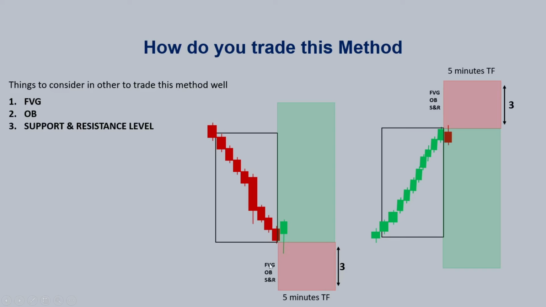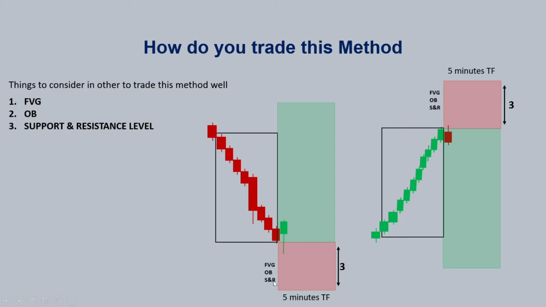So if you find any of these, then you enter the trade within these levels, not exactly as or immediately after the 1 hour time elapses. No, find these. So just extend your stop loss to 3%. Then within that 3%, you do what? You find a fair value gap, an order block, or a what?